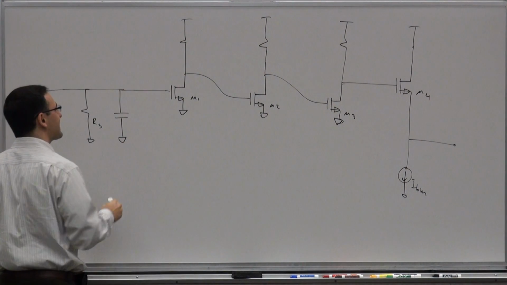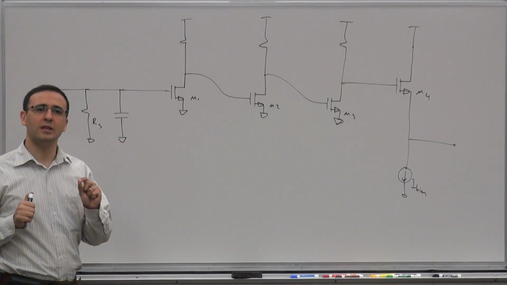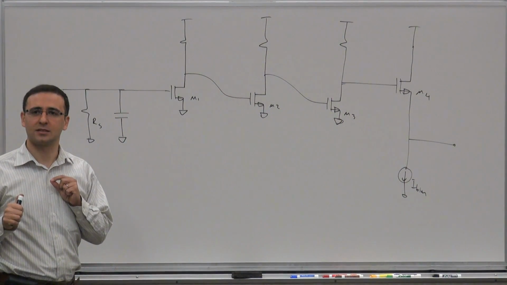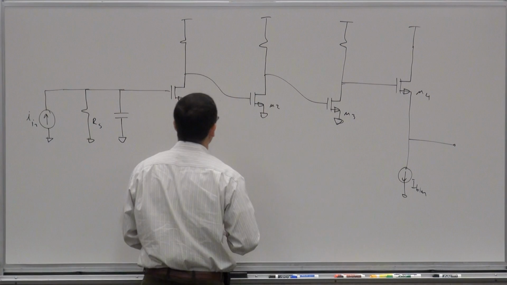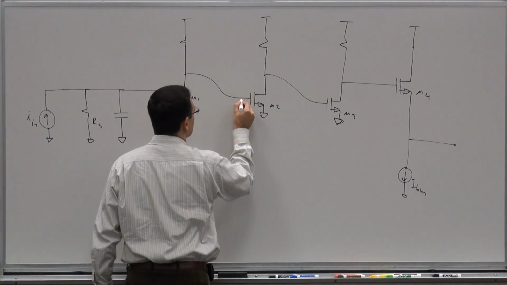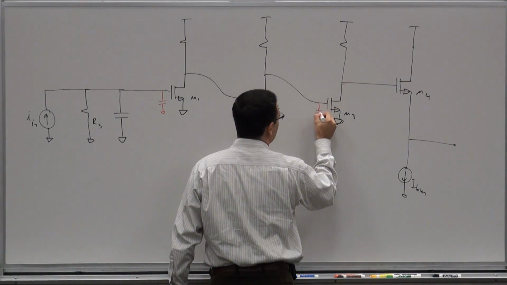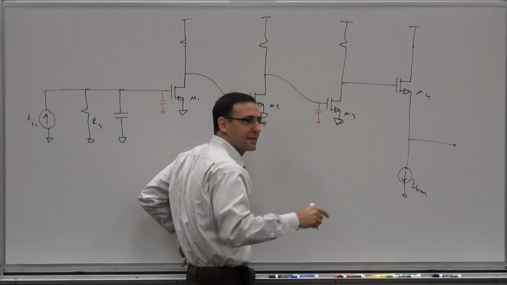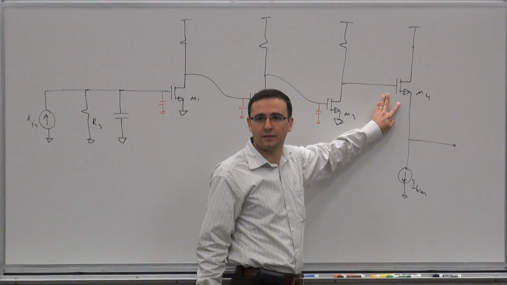Now let's assume we consider only the CGS capacitance of these transistors, just to keep it simple and short. So you have the CGS of this guy, this guy, and this guy. The CGS of this transistor is not a substantial factor anyway in a follower.